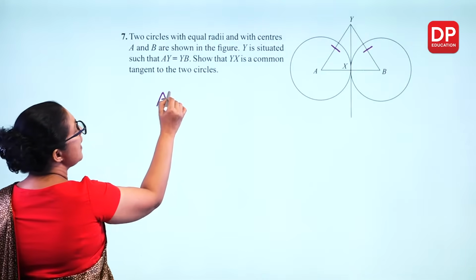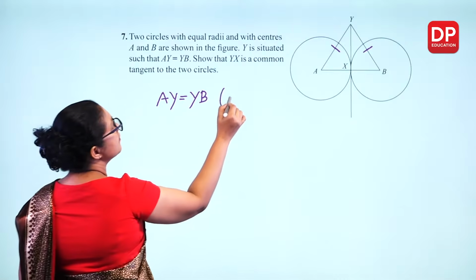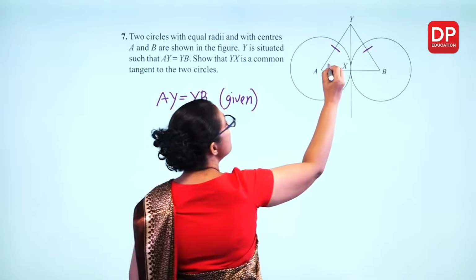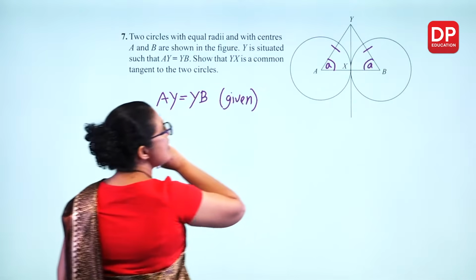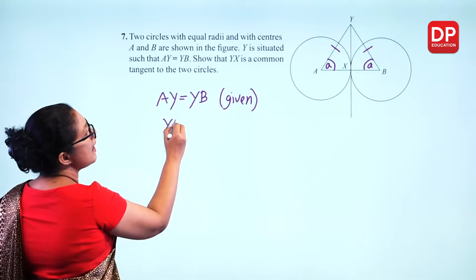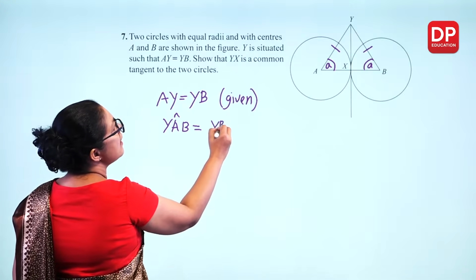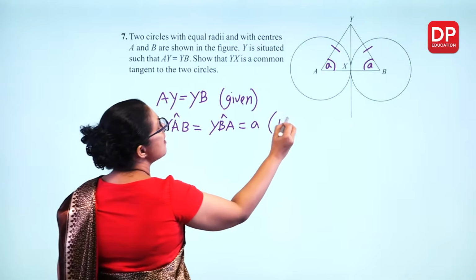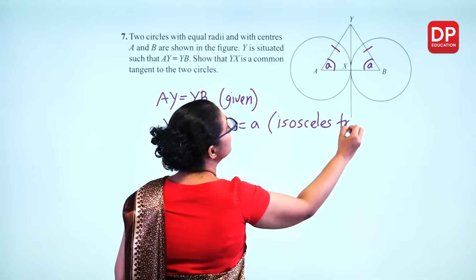We know AY equals YB. It's given. So this angle is equal to this angle because of the isosceles triangle. Angle YAB and angle YBA are the same.